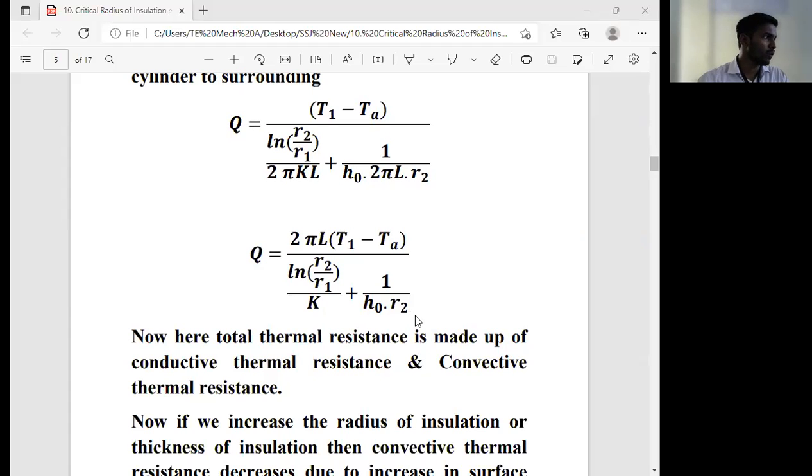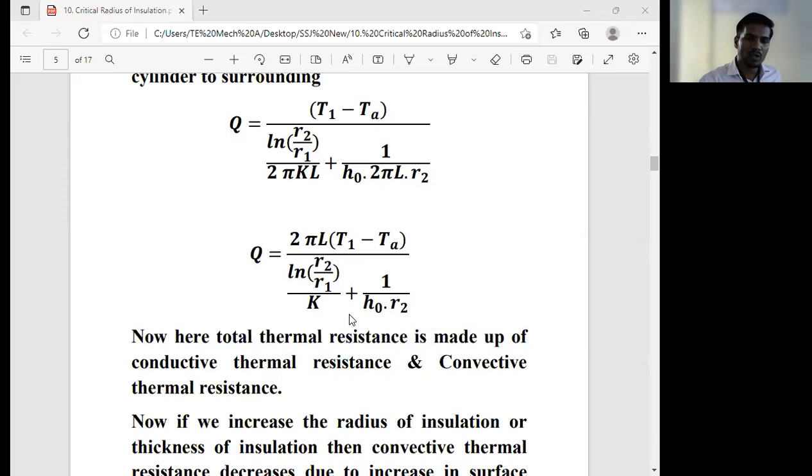Now, if we increase the radius of the insulation, what will happen? Whatever insulation we have wound on that cylinder, if we increase its radius or increase the thickness, what will be the effect on the equation? It means R2 will increase.